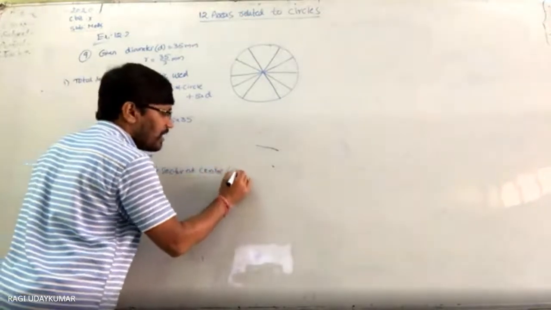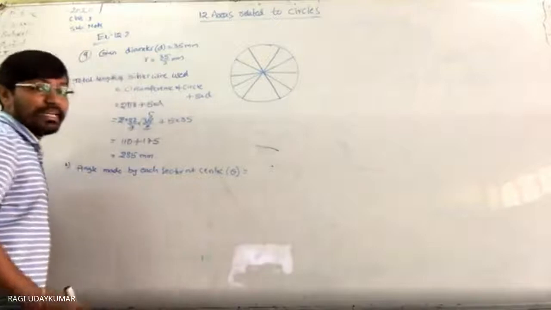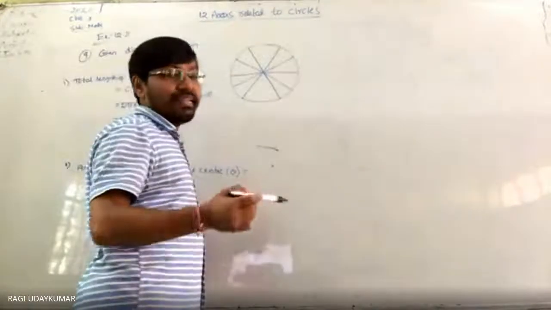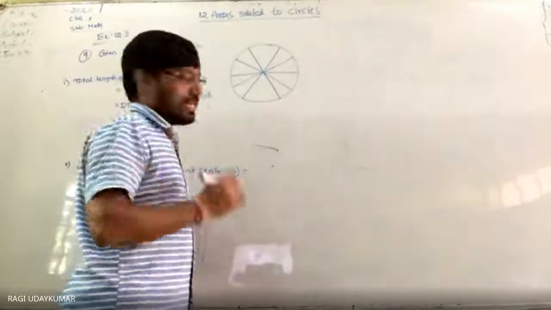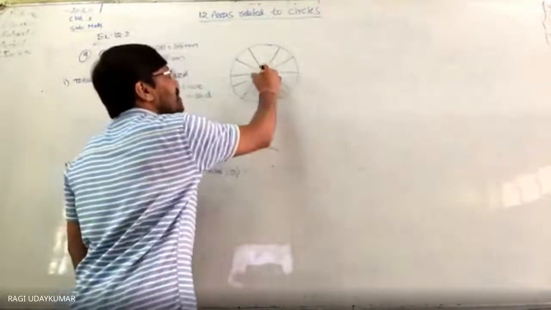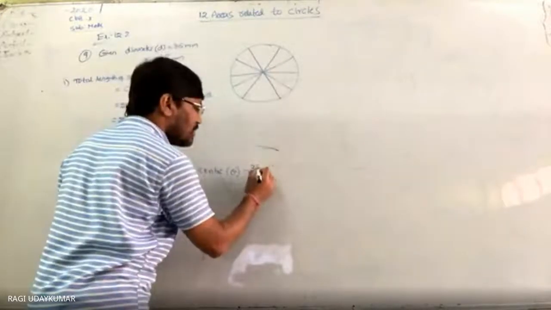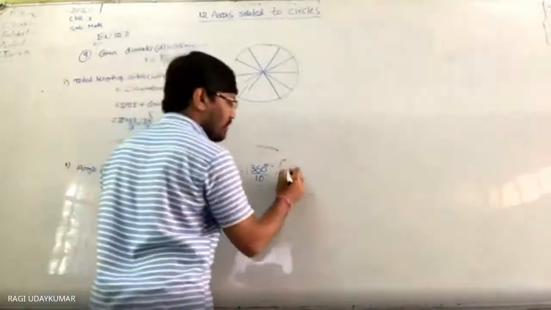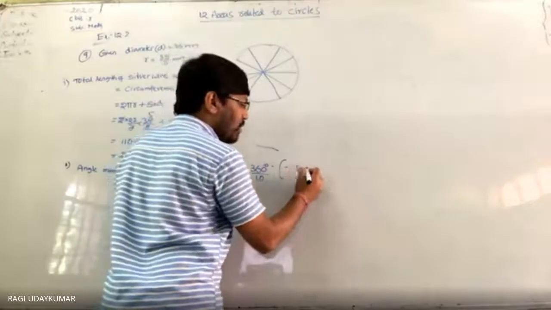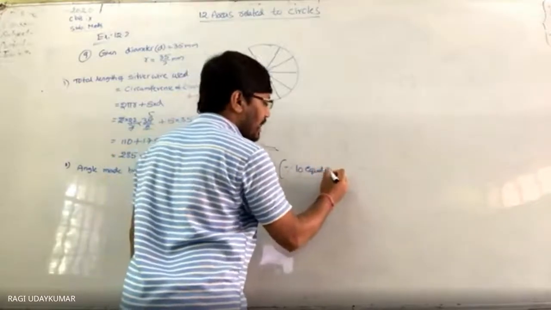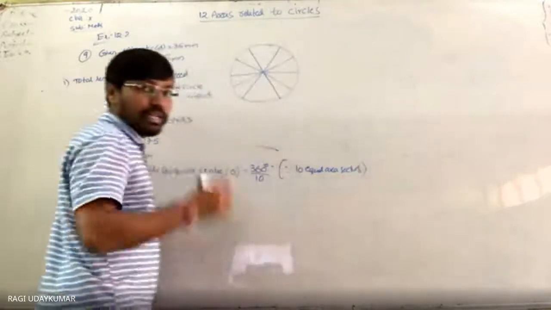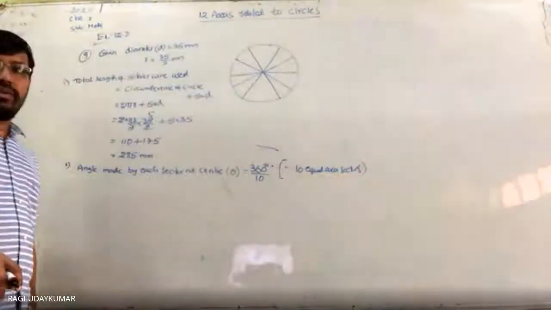So it is not given to you, but here it is given that these wires will divide the circle into 10 equal sectors. So either 10 equal sectors, here total 360 degrees should be divided into 10 parts. Why? Because 10 equal area sectors is given. So that's why 10 से divide करते हैं, isn't it?